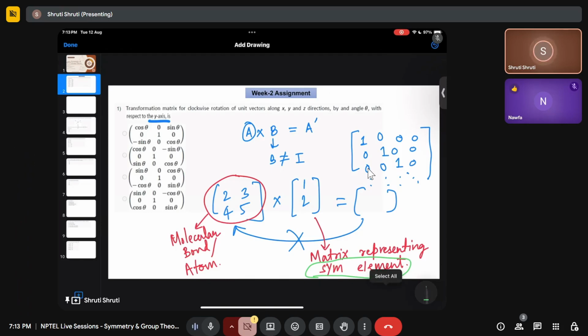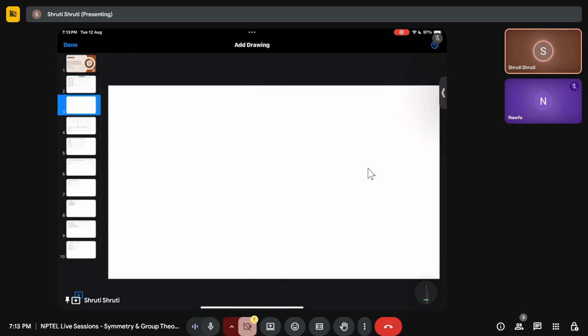As I told, identity is represented as this, so if you want to apply identity on a molecule, you have to multiply it with this matrix. If you want to do some rotation, suppose a C2 rotation on a molecule or an atom, you should have a matrix which represents C2. So for every symmetry element, we need a definite matrix. Okay, so let us start.